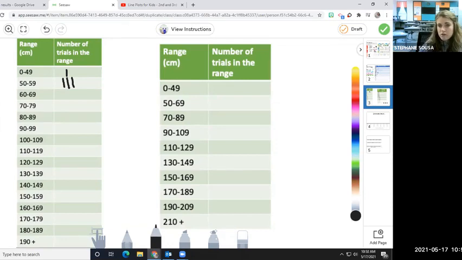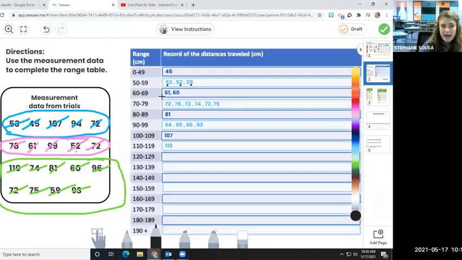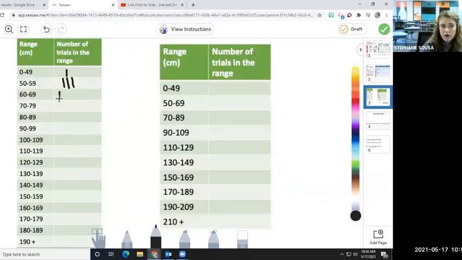I am writing, you are writing. Let's hop back and count how many 60 to 69 ranges we had. 1, 2. 1 car drove 61 centimeters, another car drove 60 centimeters. So 2 cars between that range.